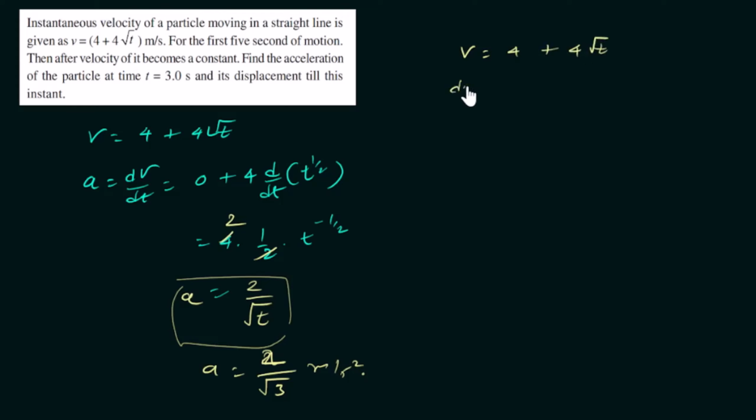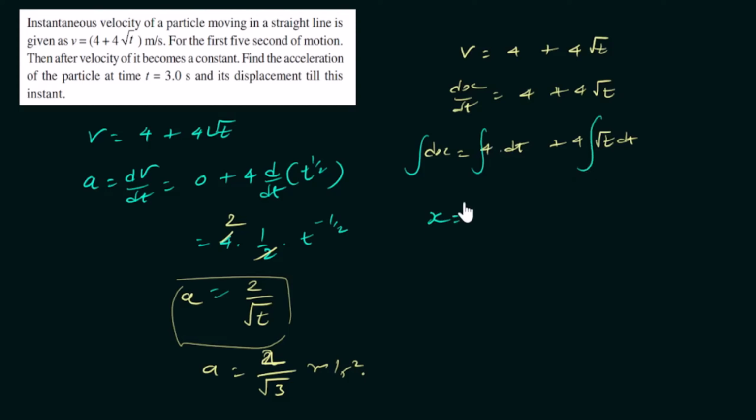Now we are given v equals 4 plus 4 root t. So this is dx by dt equals 4 plus 4 root t. So dx will be equal to 4 dt plus 4 root t dt. Now we have to find the equation of displacement, so we'll integrate this equation like this.